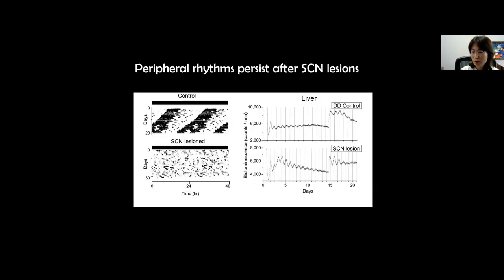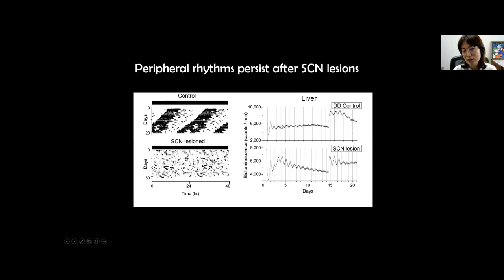So we went back to the classical lesion experiment and lesioned the SCN by electrode, melting the SCN neurons, and then confirmed the animal behavior by wheel running. The control sham mice have no altered behavior, but the SCN lesion mice are completely arrhythmic. So the SCN is gone and I cannot culture it anymore, but I took out the peripheral tissue and cultured it.